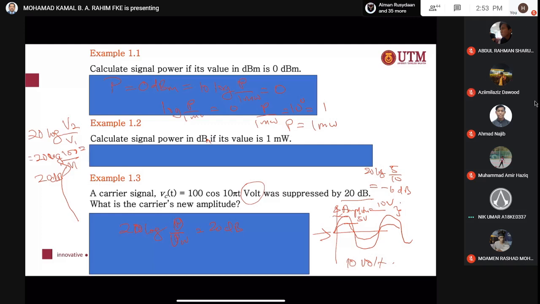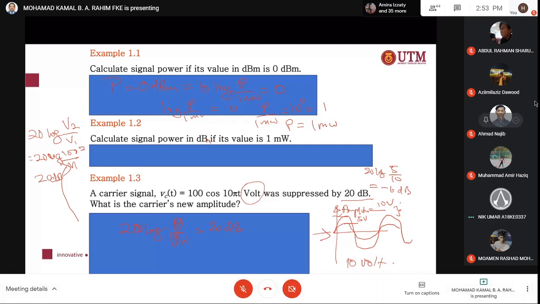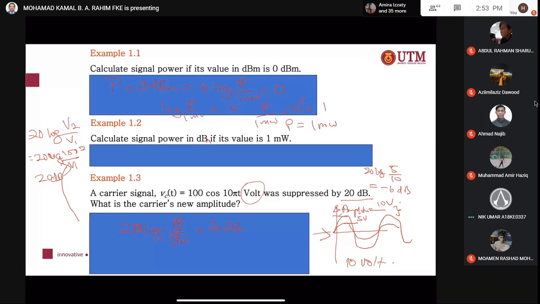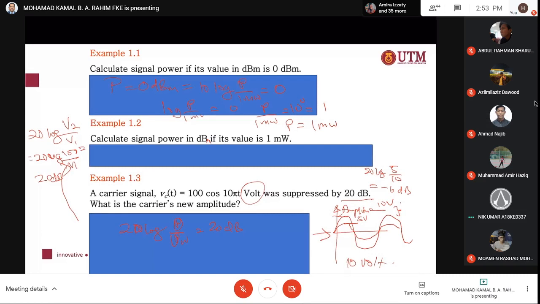Tadi saya nampak sebab saya nak make sure that every slide yang saya bagi tu, you all boleh nampak. Okay, anyway. So for the next week, kita tak ada quiz lagi lah ya. Hari ni saya nak bagi, tapi tak sempat, tak habis lagi saya nak buat Google Form. Take your time doktor. It's okay.